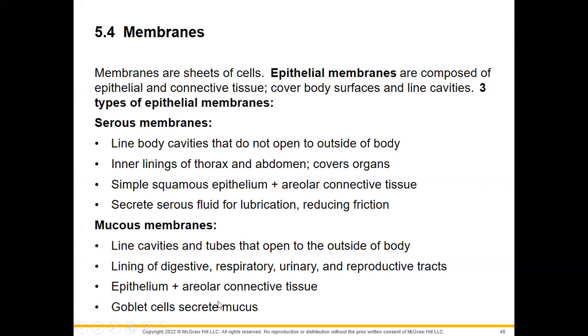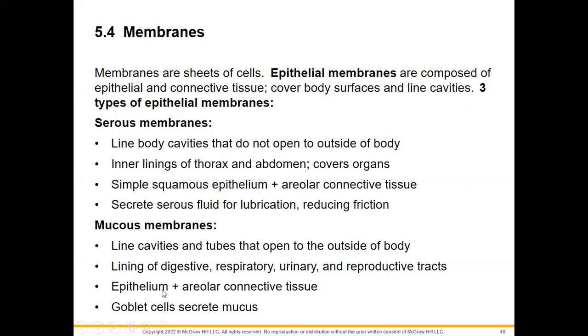So mucus is going to help protect that. So you'll find these lining the digestive tract, the respiratory tract, urinary tract, reproductive tract. All of these tracts have openings to the outside. So you want to be able to protect those structures even more by having a thicker fluid protecting it.